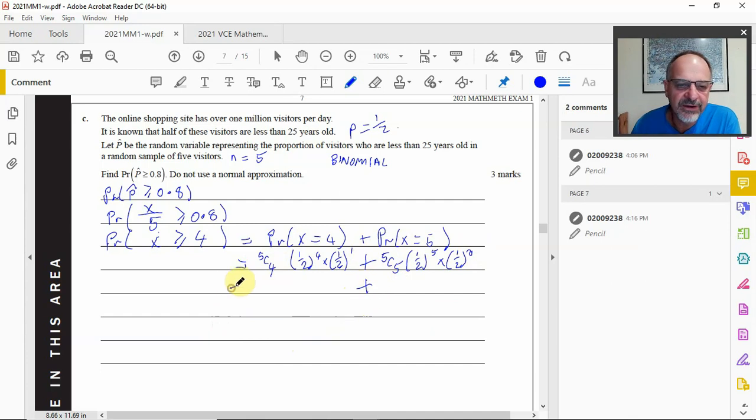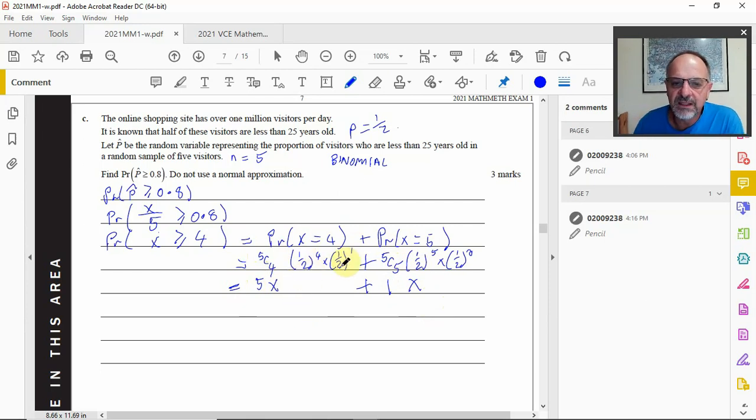Another way is by knowing that if you've got 5 things and you're choosing all 5, there's only one way you can do that. And 5C4, you've got 5 things and you're choosing 4, so one of them gets left out, and there are 5 ways you could leave one of them out.